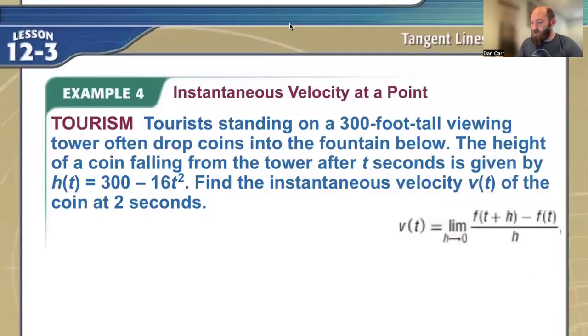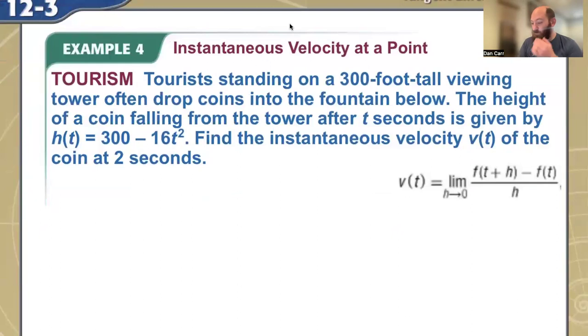Tourists standing on a 300-foot tall viewing tower often drop coins into the fountain below. The height of a coin falling from the tower after t seconds is given by h of t equals 300 minus 16t squared. Find the instantaneous velocity of the coin at 2 seconds.